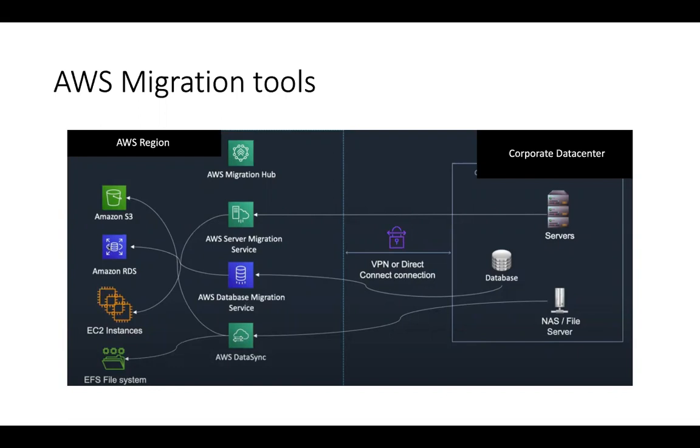If there is an underlying schema mismatch, it will convert the schema and put it into Amazon RDS, relational database service. So this is related to databases. And if your on-prem data center has storage, NAS kind of storage or any other storage, using AWS DataSync, you can write all this data dump into S3 as well as EFS.